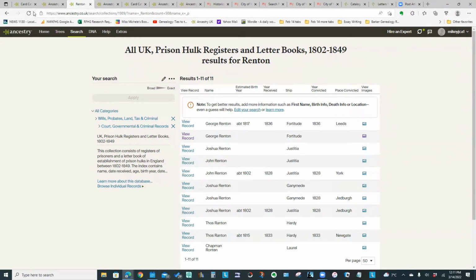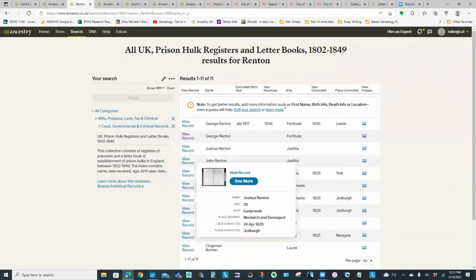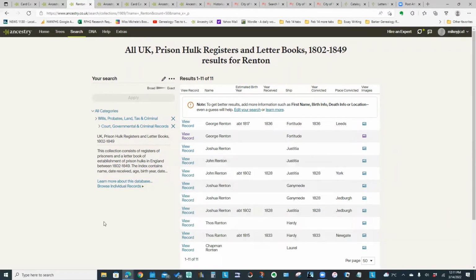So what we're seeing here is I searched on Renton for the prison hulk registers. This is the list of all of the Rentons that were in the prison hulks. And you notice it gives the ship name.